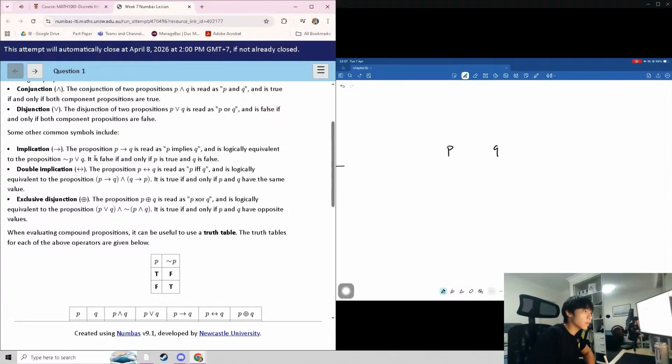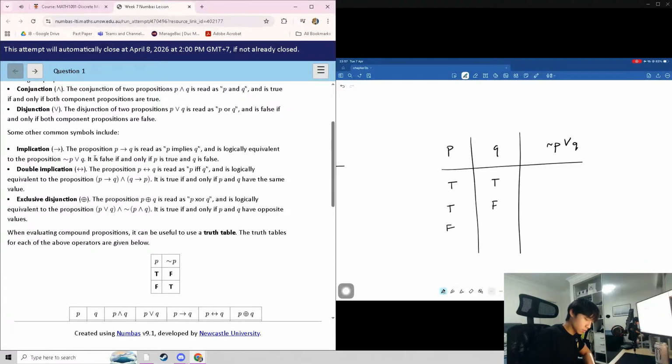P, Q, and negation of P or Q. True, true, true, false, false, true, and false.